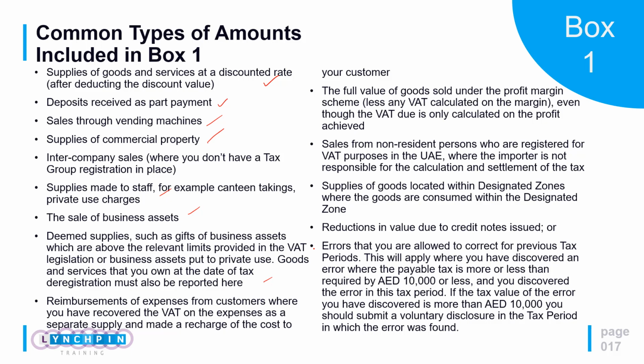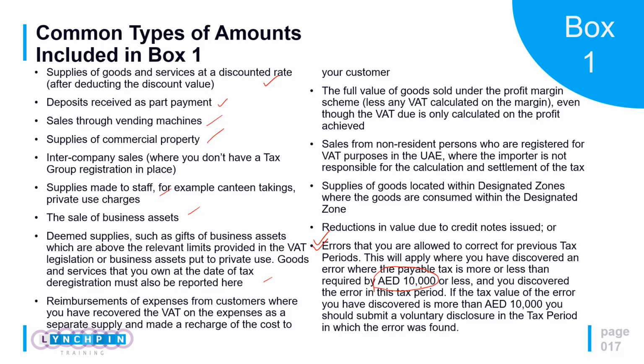Okay, this one is important here. If you have made any error and you are now correcting it, which means that in the previous VAT returns, if you have made any error due to which your VAT payable was less and it should be higher by more than 10,000, in this case you will have a separate voluntary disclosure which will be available afterwards.